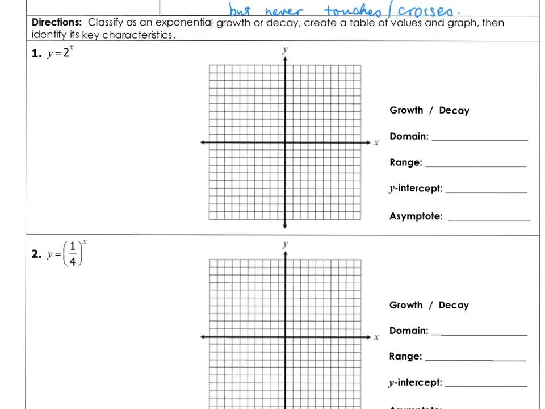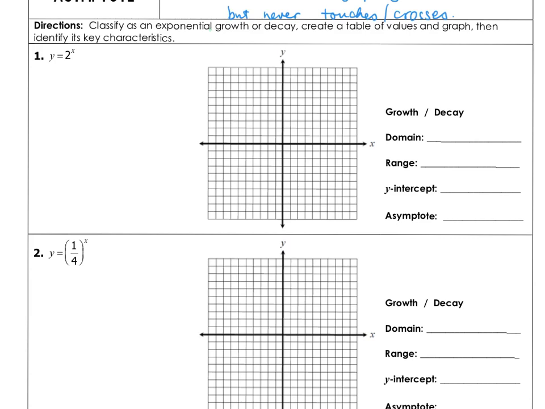Okay, let's look at the first example. It says, classify as an exponential growth or decay, create a table of values and graph, then identify its key characteristics. So the function is y equals 2 raised to the x power. We have to classify it.